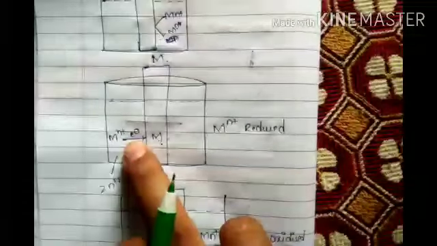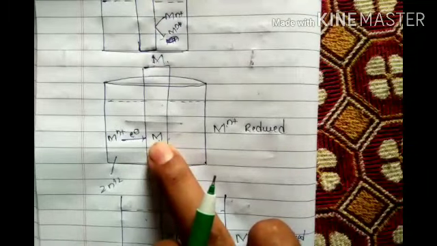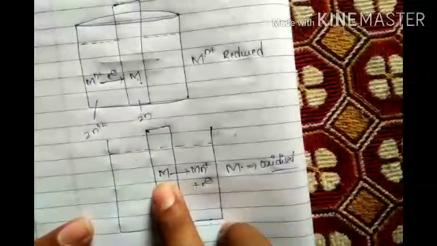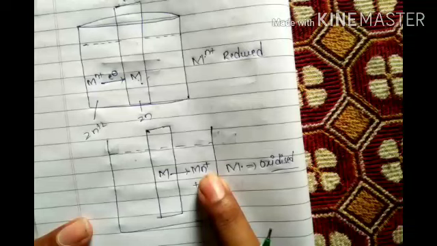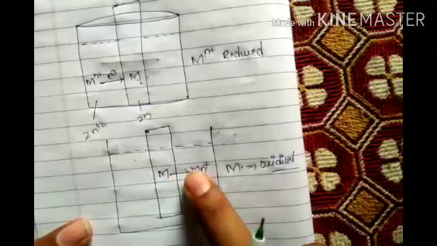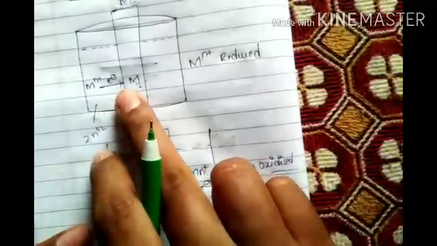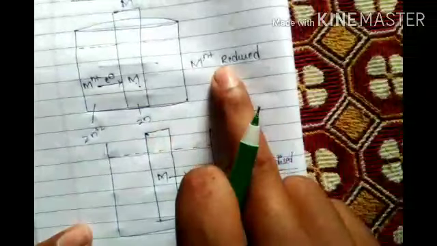So when the rod becomes like a solution, that is called oxidation. When the solution becomes like a rod, it is called reduction.